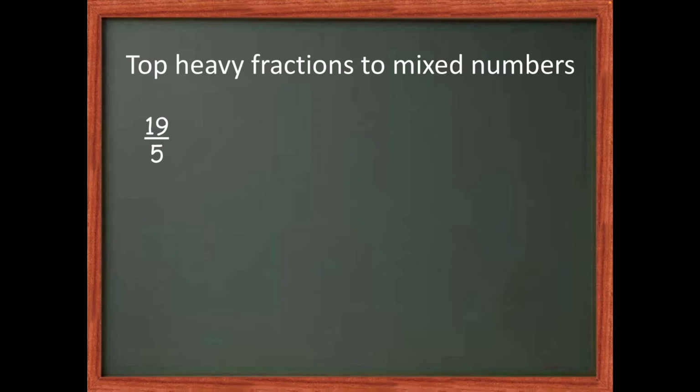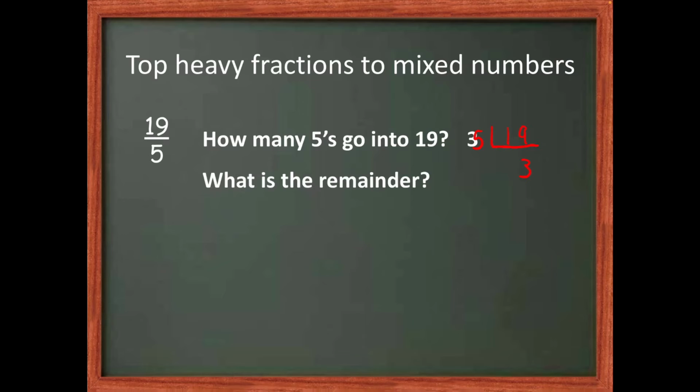Let's try another one. We have the top-heavy or improper fraction 19/5. We want to convert this into a mixed number. The first thing we do is divide 5 into 19, i.e., how many times does 5 go into 19? 5 goes into 19 3 times.